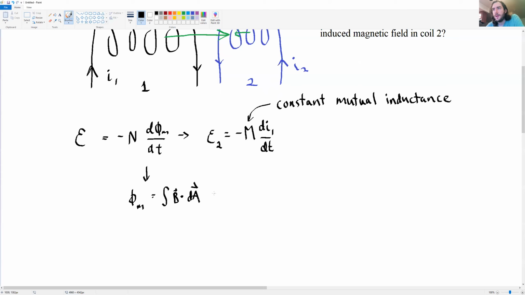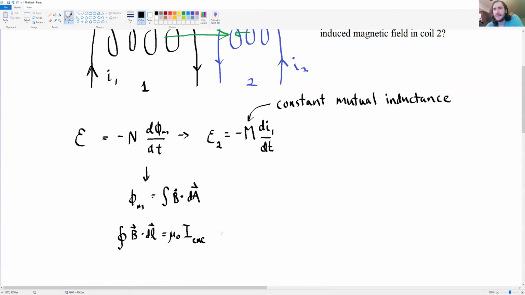And we know from Ampere's law that if we were to do an integral around a closed loop of the dot product between the magnetic field and dl, the parameter that is along that path, we get something like mu 0 I, the current that's enclosed in that loop.